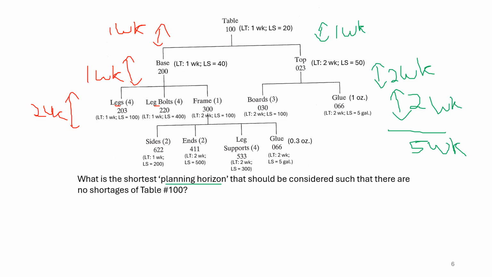And similarly, the frame now splits into 4 parts. Each part has a lead time of 1 week, 2 weeks, 2 weeks, and 2 weeks. I'm again considering the worst case, which is 2 weeks. And overall, the entire net lead time is 2 plus 2 plus 1 plus 1, which is 6 weeks.